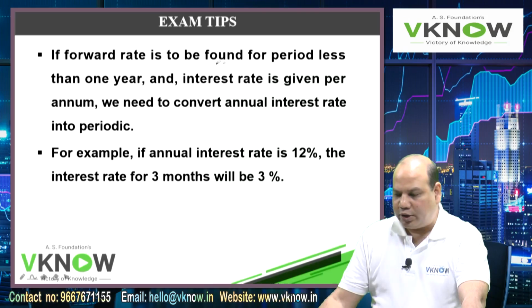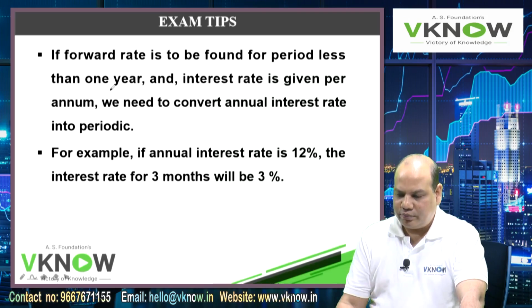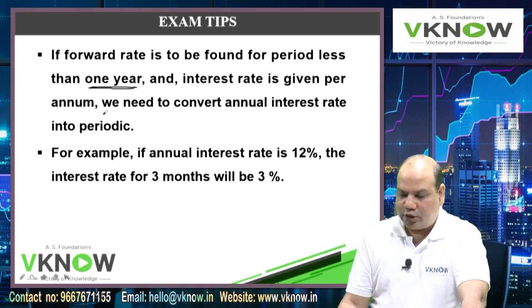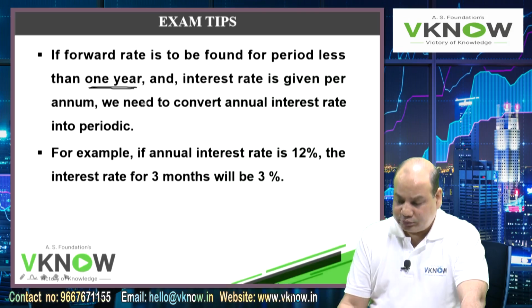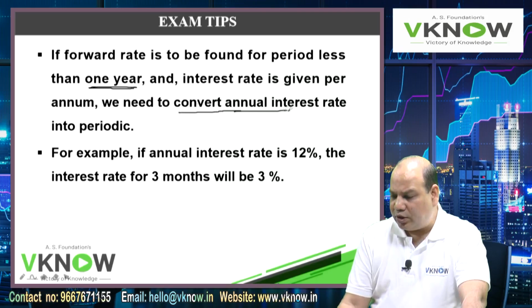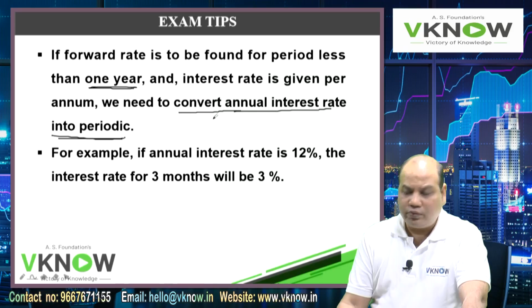If the forward rate is to be found out for a period less than 1 year, the formula which is printed in your book assumes forward rate is for 1 year, but of course in the exam you will have to find out 3-month forward rate, 6-month forward rate, 9 months forward rate. Then in that case we need to convert the annual interest rate into periodic interest rate.